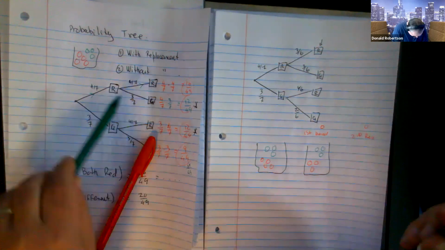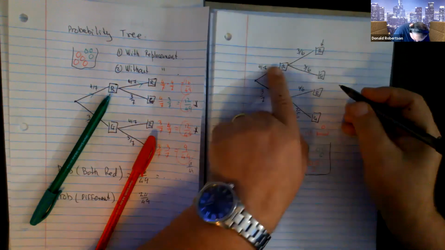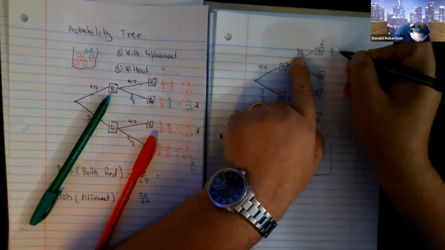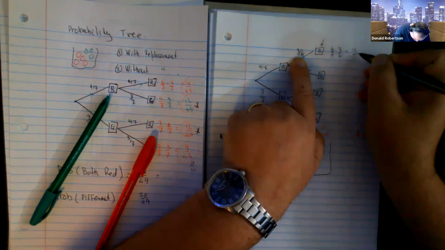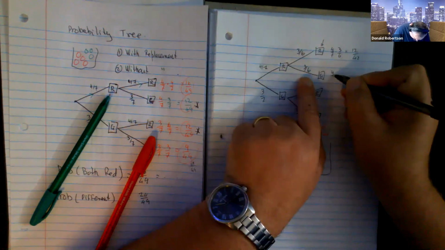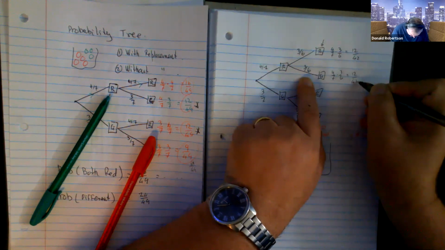Now, the destinations, these guys here: 4 sevenths times 3 sixths. And that gives me 12 out of 42. 4 sevenths and 3 sixths, 12 out of 42.